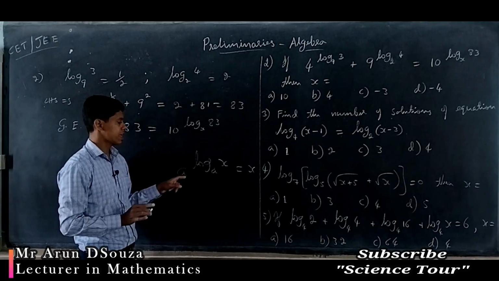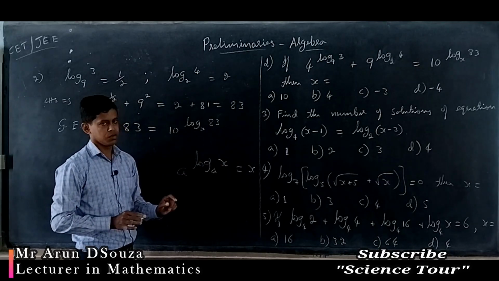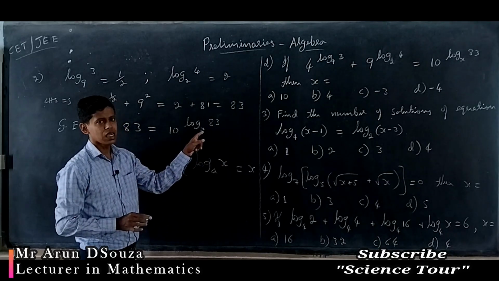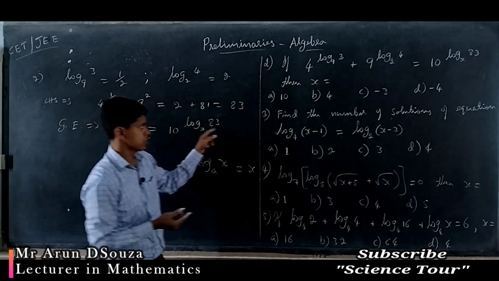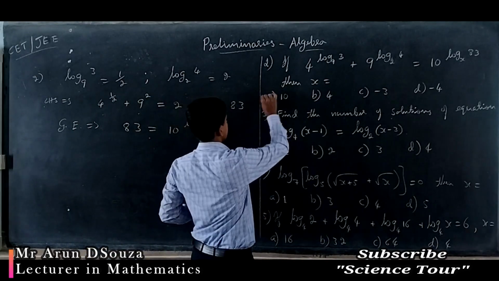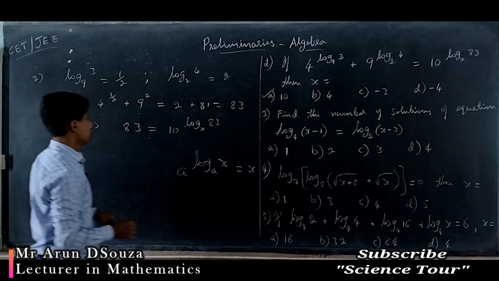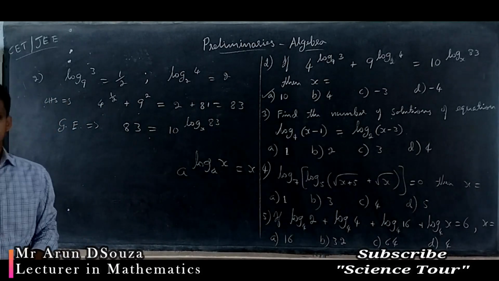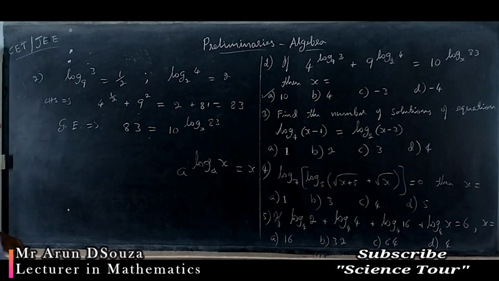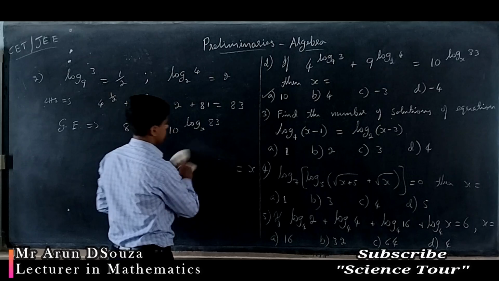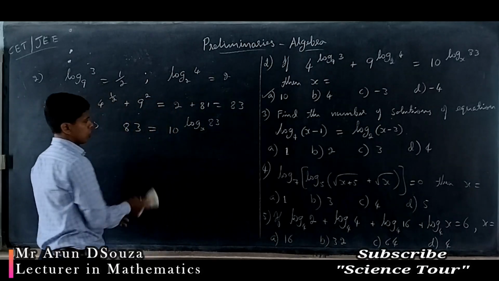Then only they will cancel each other and only the argument remains. So this must be 10 by verification, and that's the first option. I hope you understood that, just by looking at the equation. Otherwise you have to solve it.